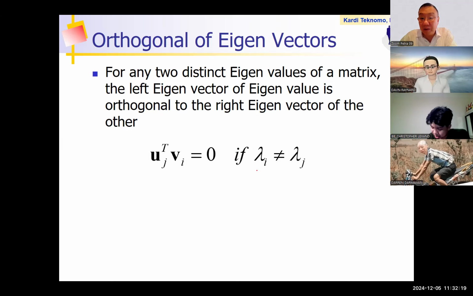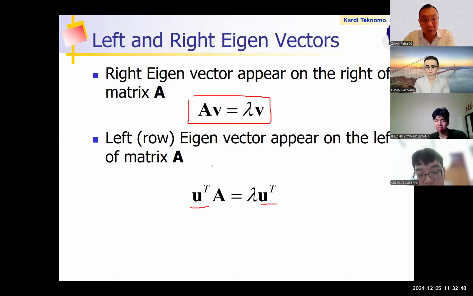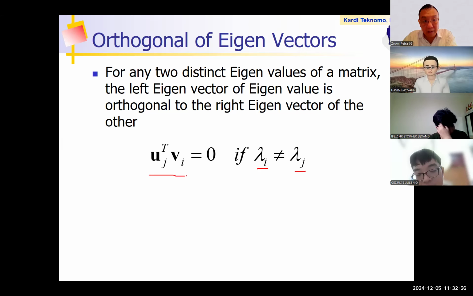If they are different, if lambda i is not the same as lambda j, then for any two distinct eigenvalues of a matrix, the left eigenvector of one eigenvalue is orthogonal to the right eigenvector of the other. If the right eigenvector is V and the left eigenvector is U transpose, then you multiply them and you will get 0.